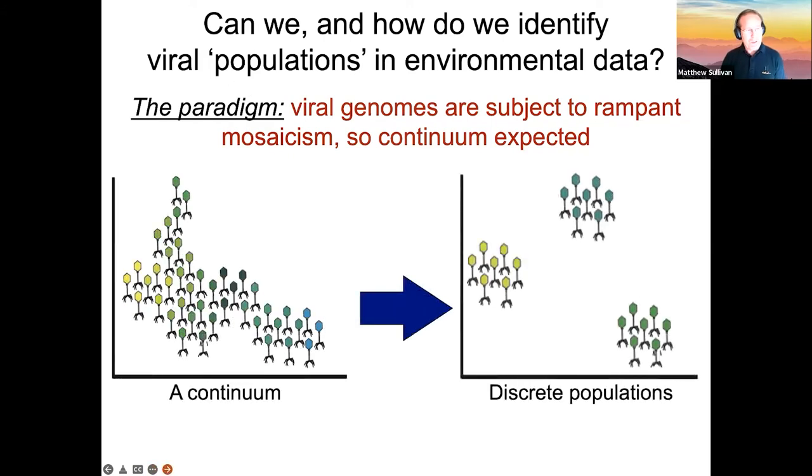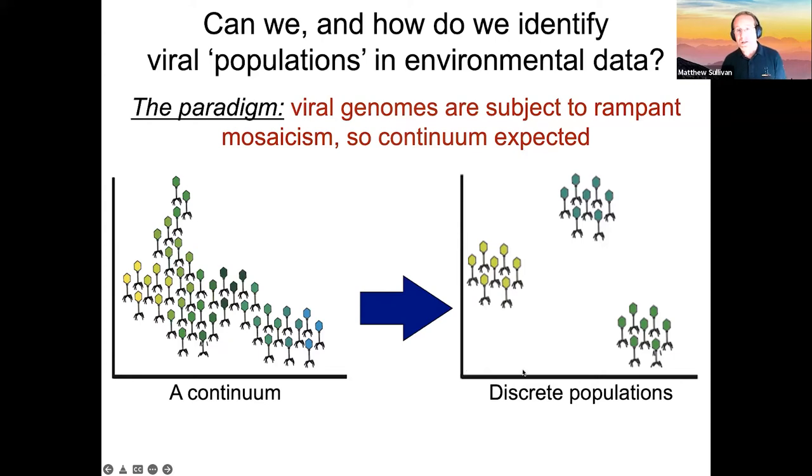What this would look like is, if gene flow or rampant mosaicism or gene exchange across viral types is really high, then we would expect the plot on the left to represent viral genome sequence space, where the yellow viruses blend into the light green viruses, blend into the dark green viruses, blend into the blue viruses. So this would be a continuum in virus sequence space whereby you couldn't really draw a circle around any of these groups and say that's a population.